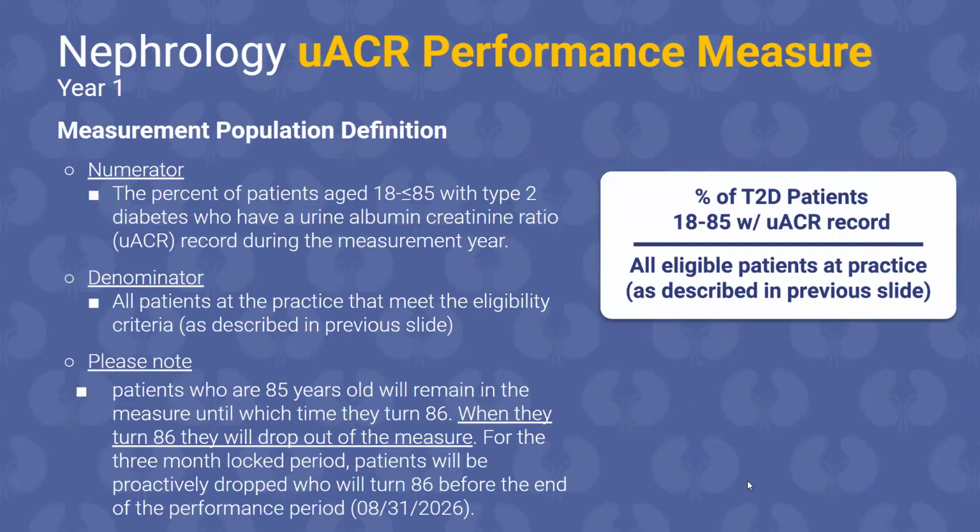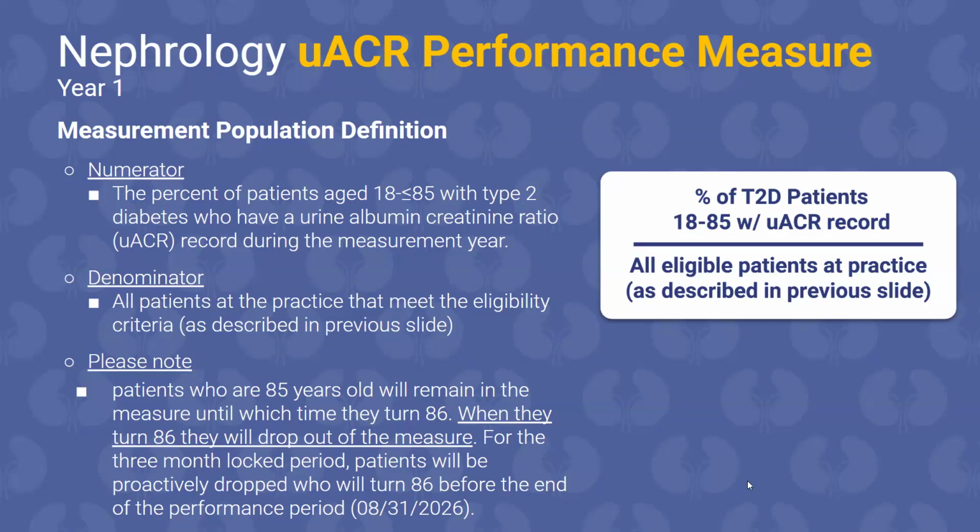So again, just to be clear in terms of what the performance measure is: the numerator is the number of patients within that age group with type 2 diabetes who have a urine albumin to creatinine ratio recorded during the measurement year. The denominator is all the patients at the practice meeting the eligibility criteria.